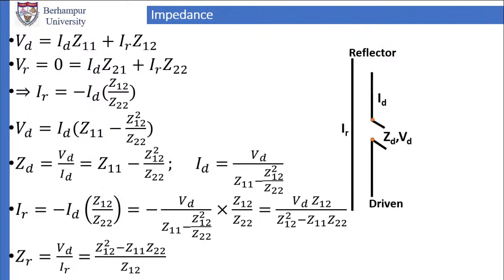Accordingly we can find out Zr. We have found out Zd, now we can find out Zr. Zr is equal to Vd by Ir, which is Z12 square minus Z11 into Z22 whole divided by Z12. So that is Zr. This is the impedance analysis.